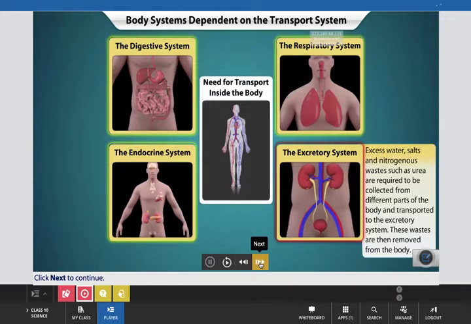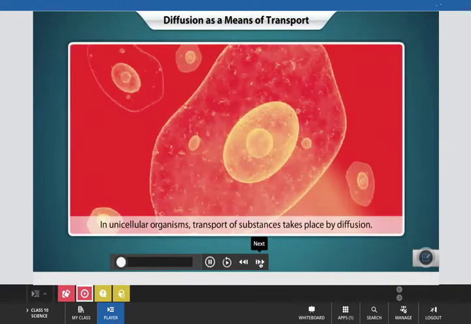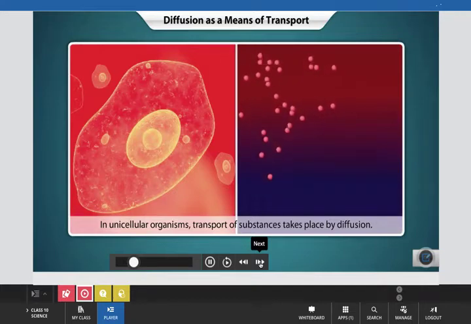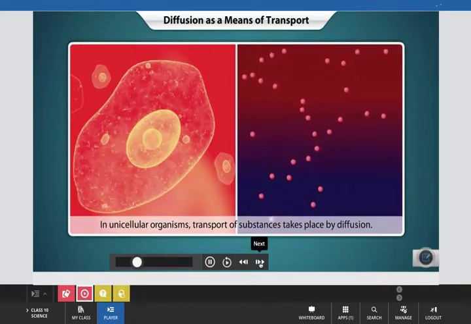In this way you have seen how different systems of our body depend on the transport system. In unicellular organisms, transport of substances takes place by diffusion since they have a large surface area compared to their volume.